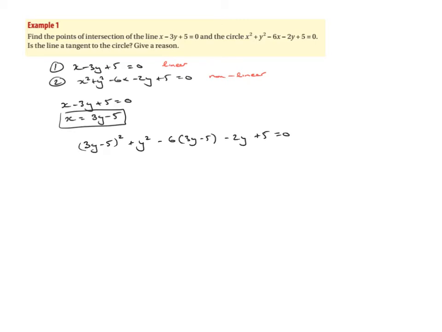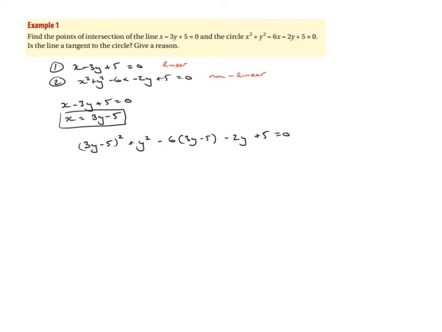So x squared becomes 3y minus 5 all squared, plus the y squared, minus 6x becomes minus 6 times 3y minus 5, minus the 2y, plus the 5 is equal to 0. We now have an equation all in terms of one variable. We've got rid of the x, so we end up with a quadratic in terms of y, and we can solve that, hopefully.